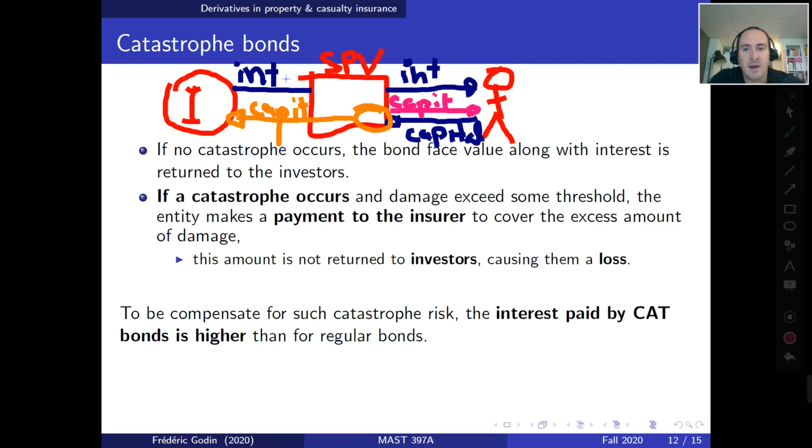So this catastrophic or catastrophe bond, I believe it's very interesting, and it's a very nice innovation of financial markets. Another quick remark here is why investors would want to invest in that. It's because the correlation of losses or profits in these deals is not very large with regular financial markets.